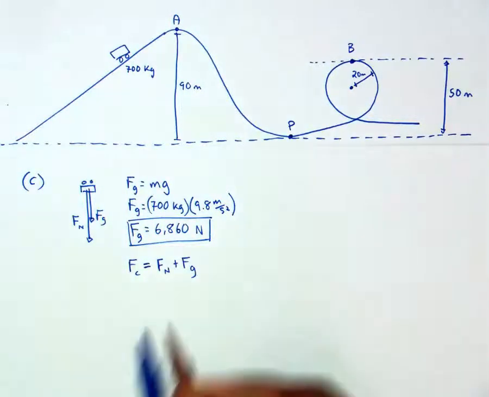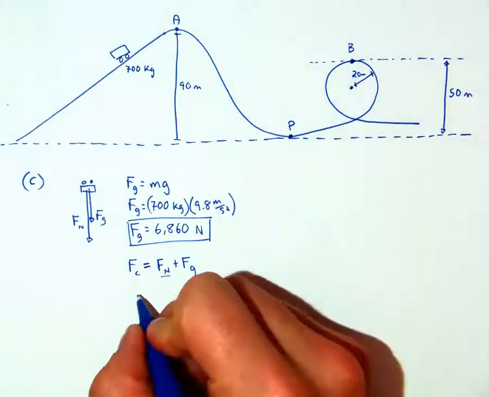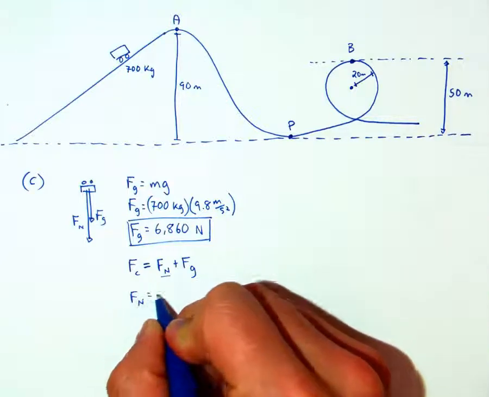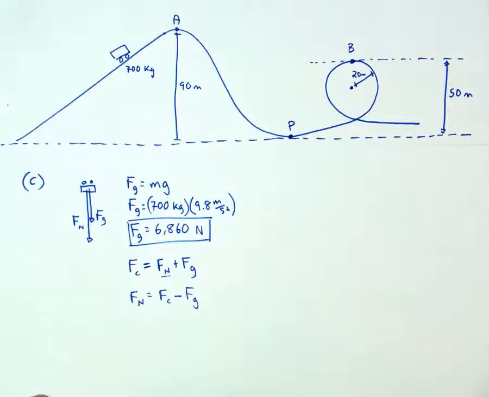And so if I'm looking for the value of the normal force, I know that the normal force is going to be the centripetal force minus the gravitational force, because the gravitational force is taking care of some of it.